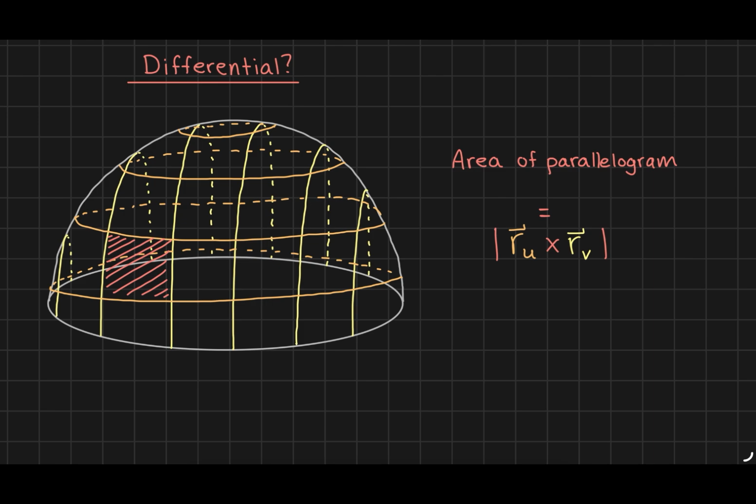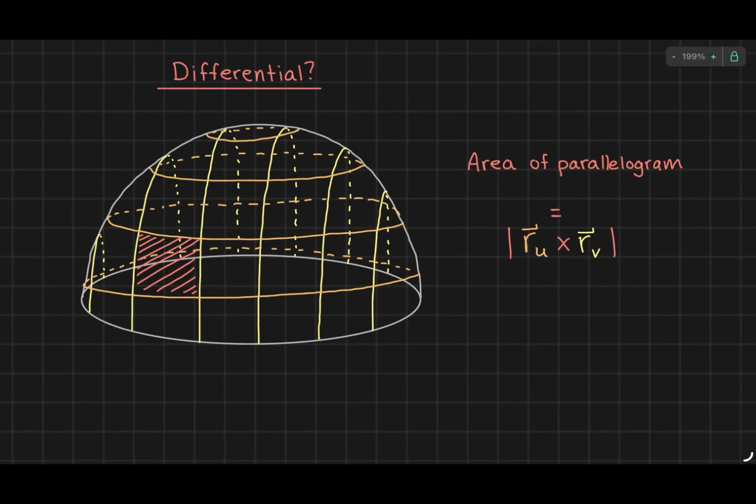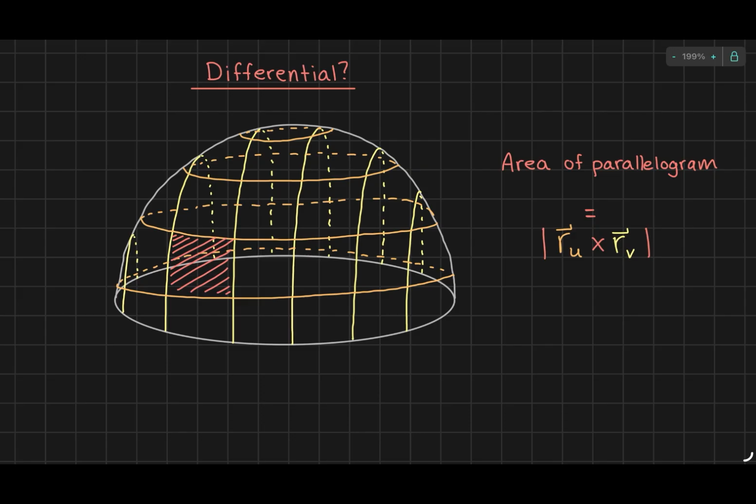Like I said, they are going to make infinitely small parallelograms, and each of these is going to act as a Jacobian back in our prior unit, wherein we're transforming the flat area du dv into an actual curved area on the surface via that cross product. So that's what our differential is going to be for our scalar surface integrals.